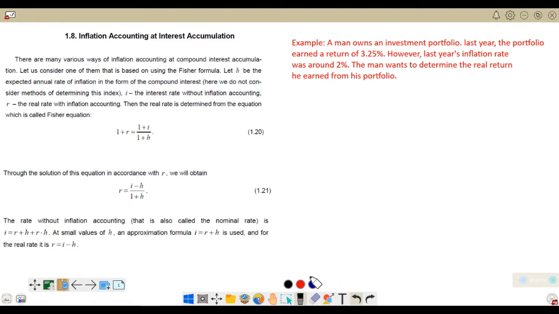Sa mga dati nyong subjects sa economics or social studies, I think na-discuss nyo to. So, when we say inflation, it refers to the rise in prices of most goods and services of daily or common use.